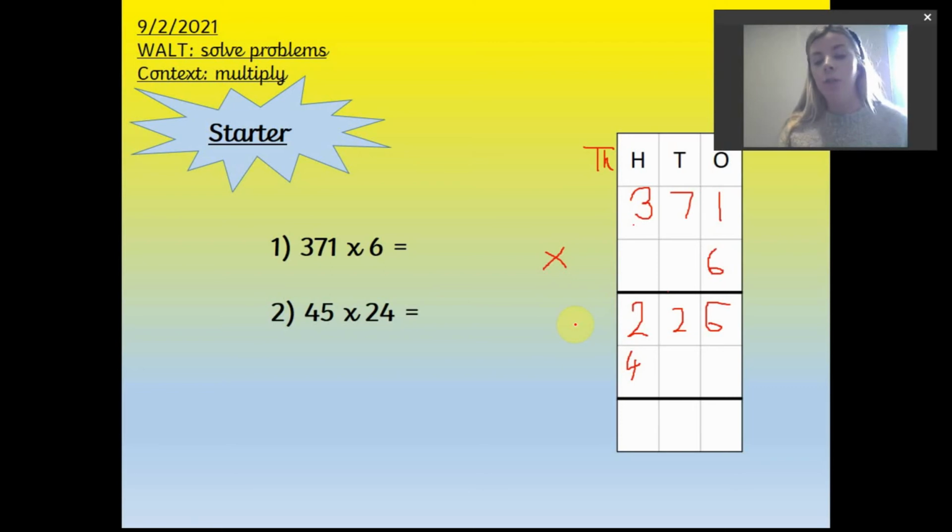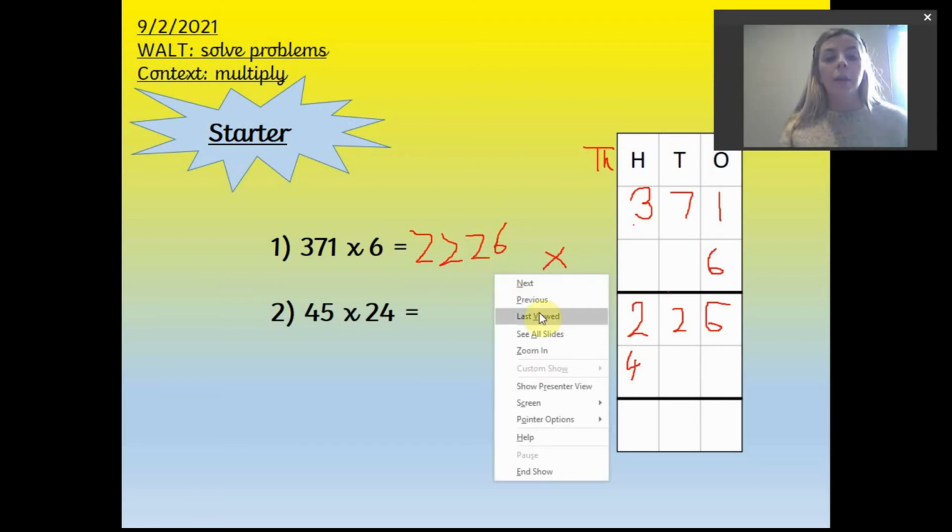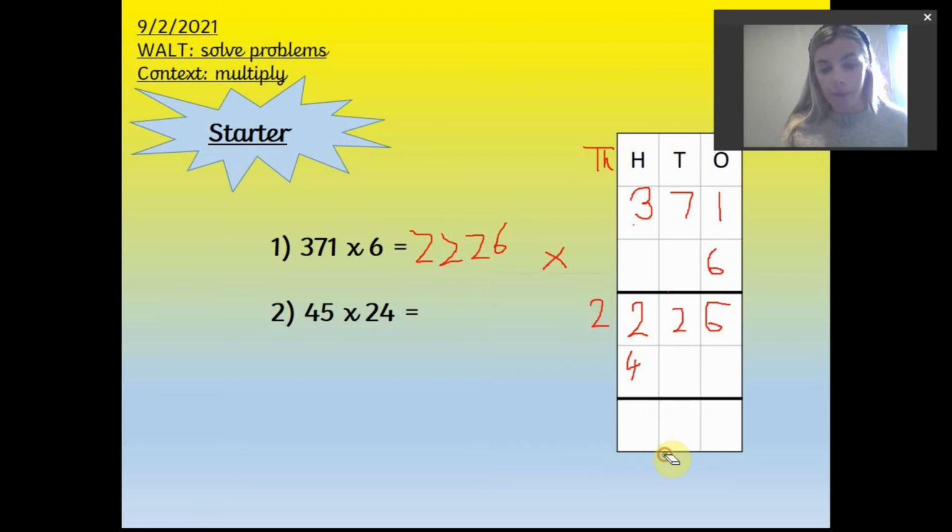I don't need to carry it. I can put it straight into my thousands column, so I can put my 2,000 here. So there we are. We've got 371 times by 6 is 2,226.